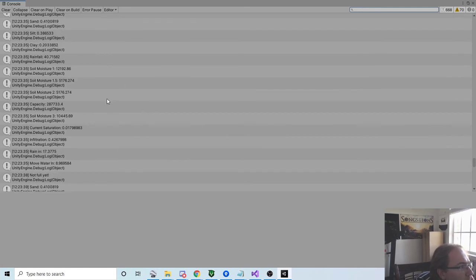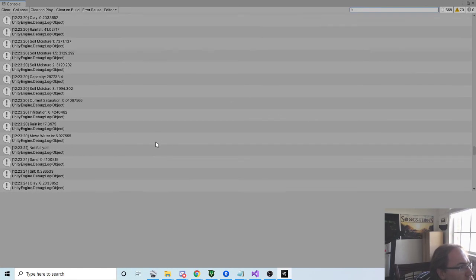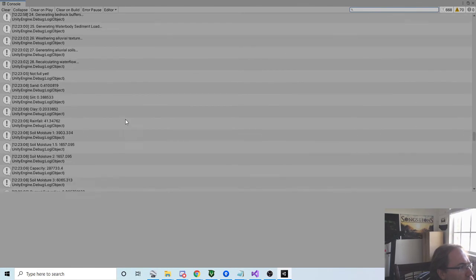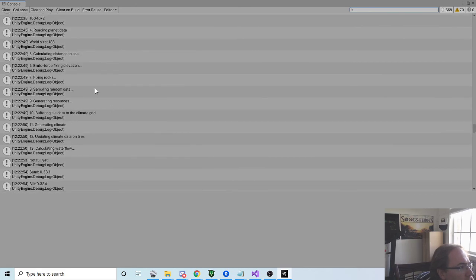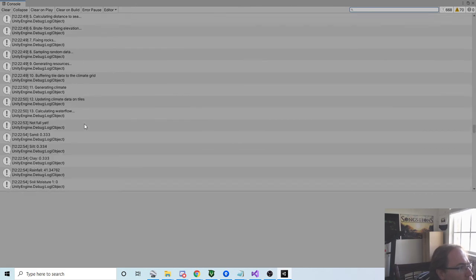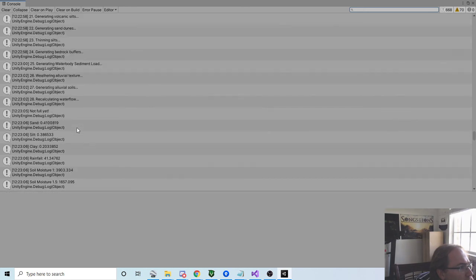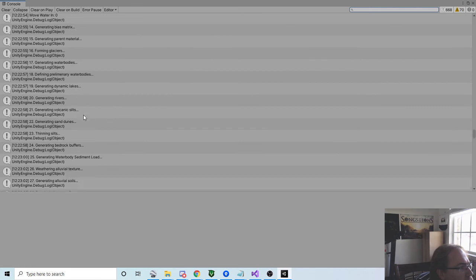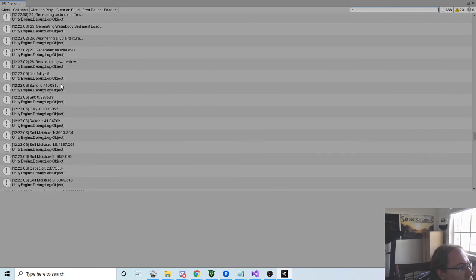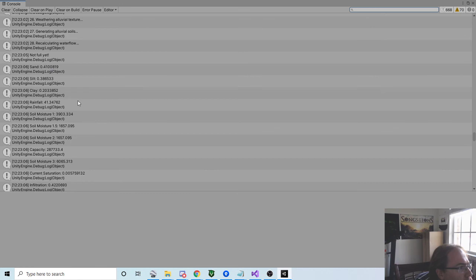Start looking for weird values. Sand, clay, sand, clay. Brute force, fixing elevation, fixing rocks. Calculating water flow. Silt, clay, sand. Looks normal. Rainfall of 41.